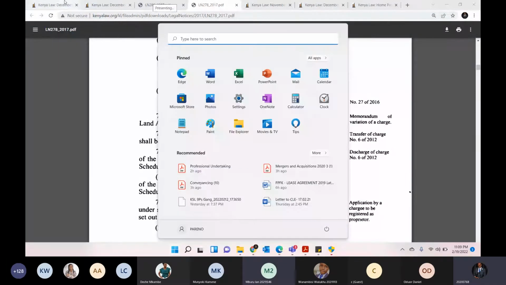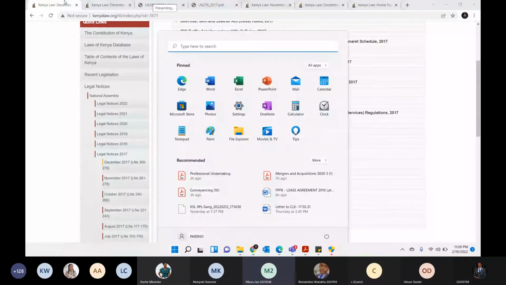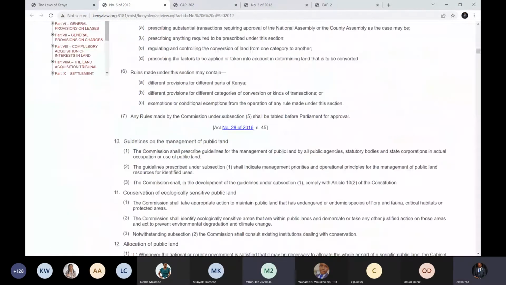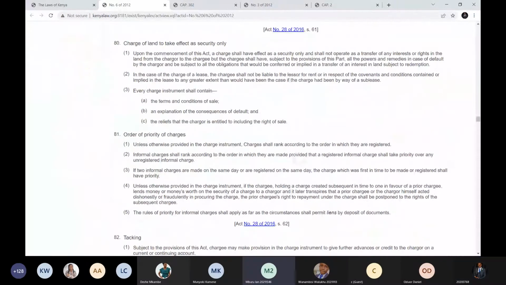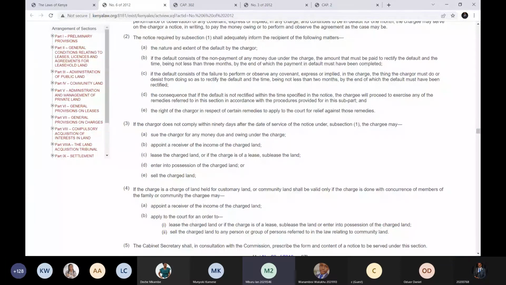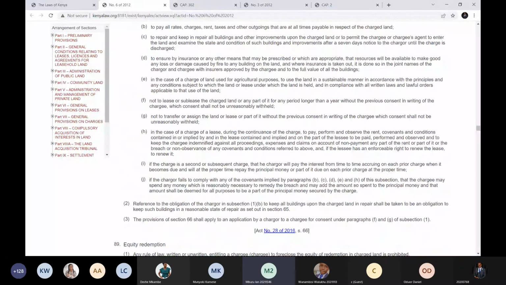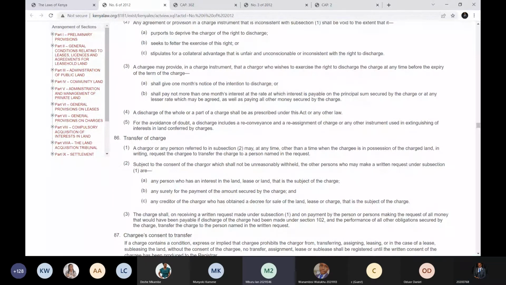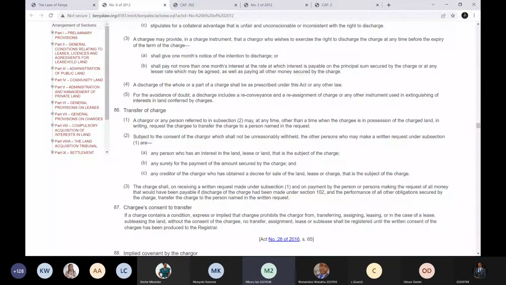Then the chargee will have to also consider whether they want a new chargor. So I'm venturing, but I think in that case that will be a loan takeover on the part of the chargor. The chargor will be changing from you to me. So yeah, I've taken over your loan. Although I imagine that will also go to the purchase price. It will be minus whatever amounts are remaining on the loan.